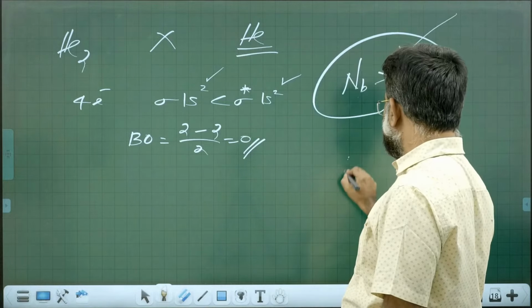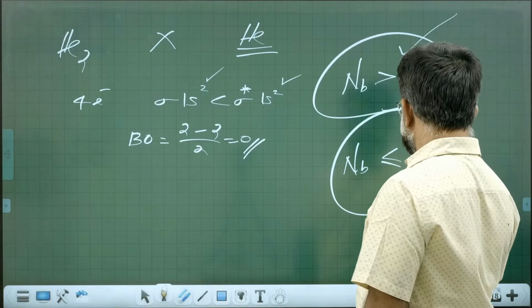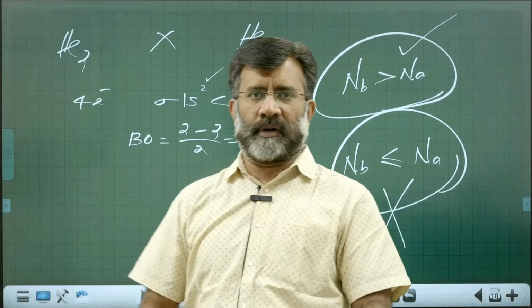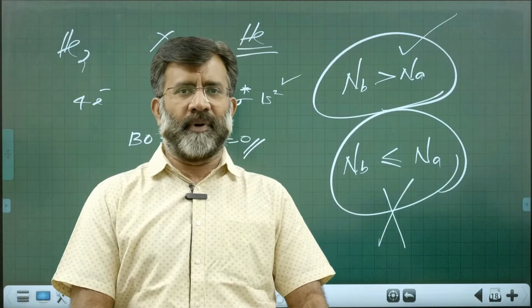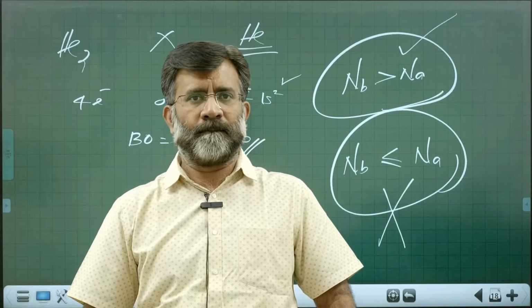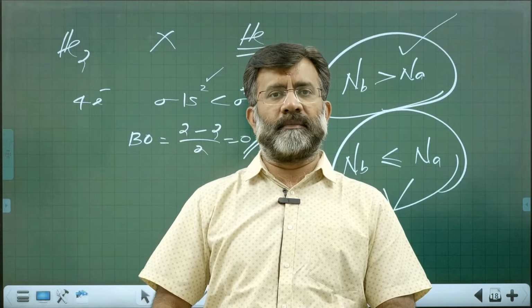Nb means the number of electrons in bonding molecular orbitals. Na is the number of electrons in anti-bonding molecular orbitals. These things are explained by MO theory.